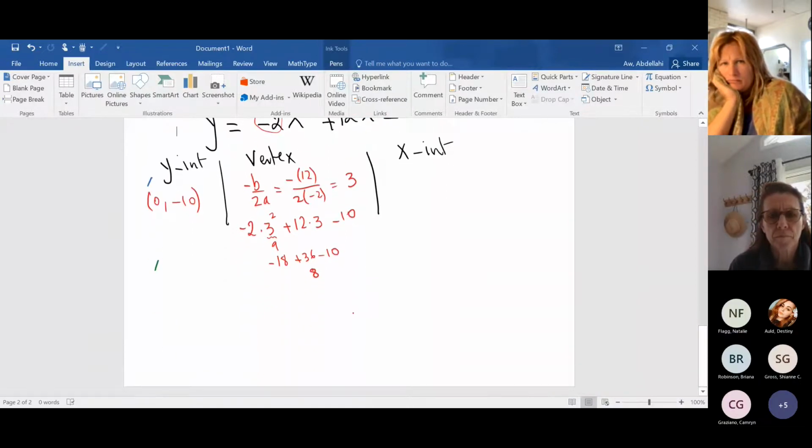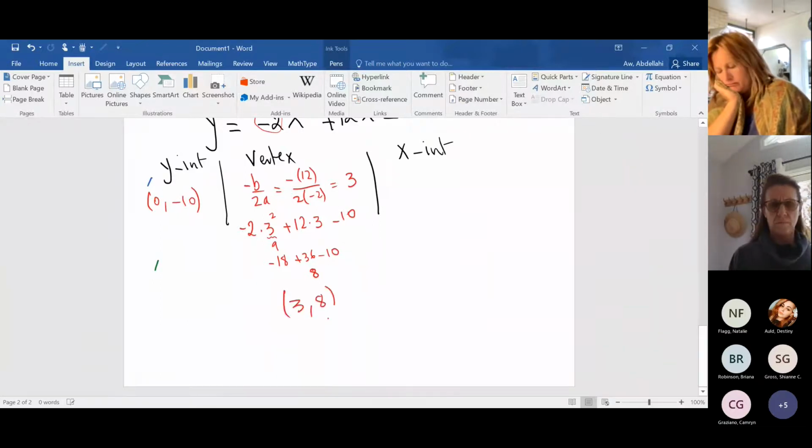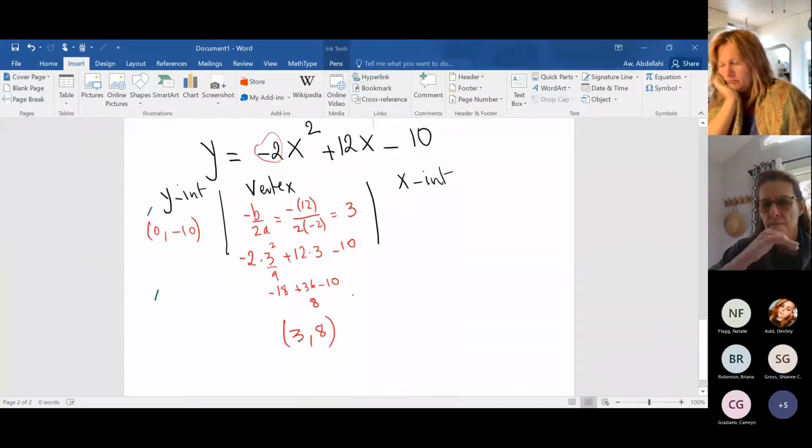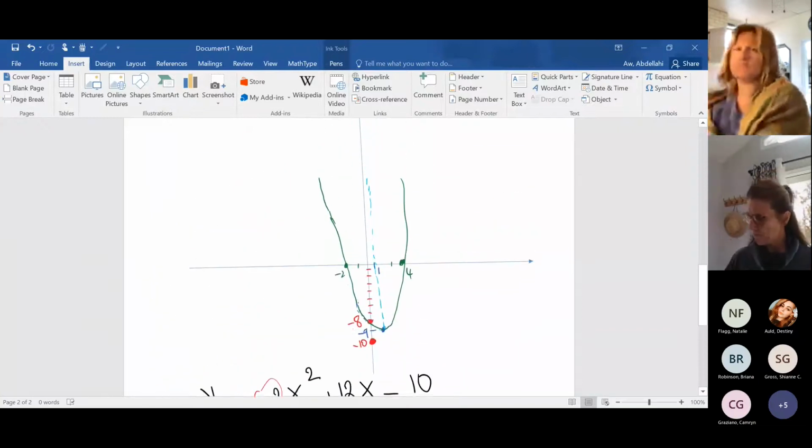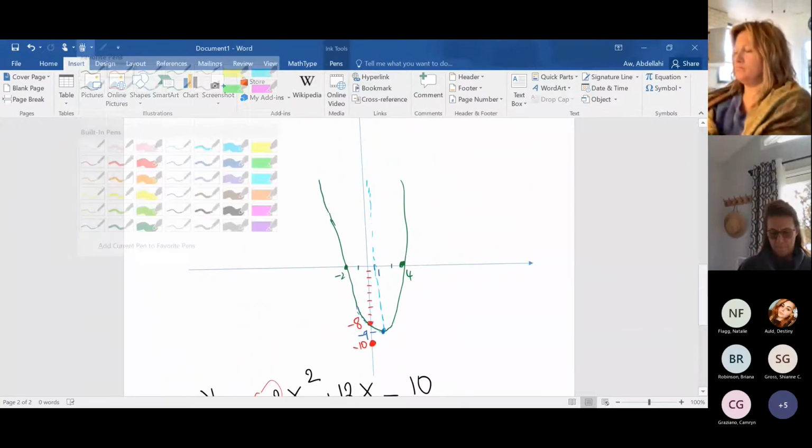So what is the vertex? The vertex is the point 3, 8. Do you agree with that? Everybody, you have the same answer? Yes, 3, 8. So that is the vertex.